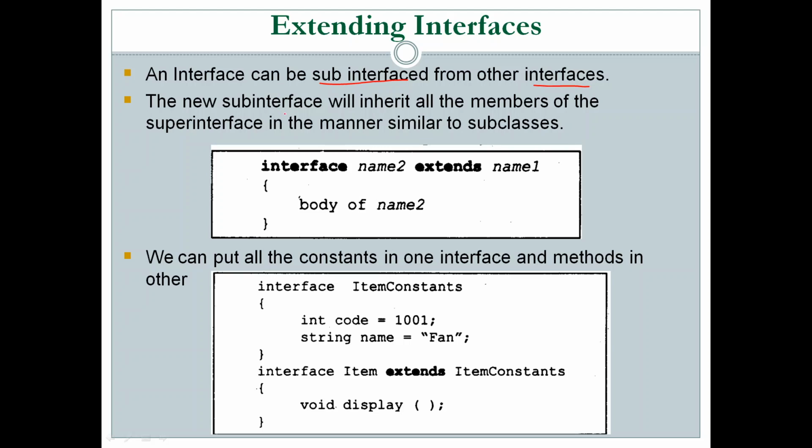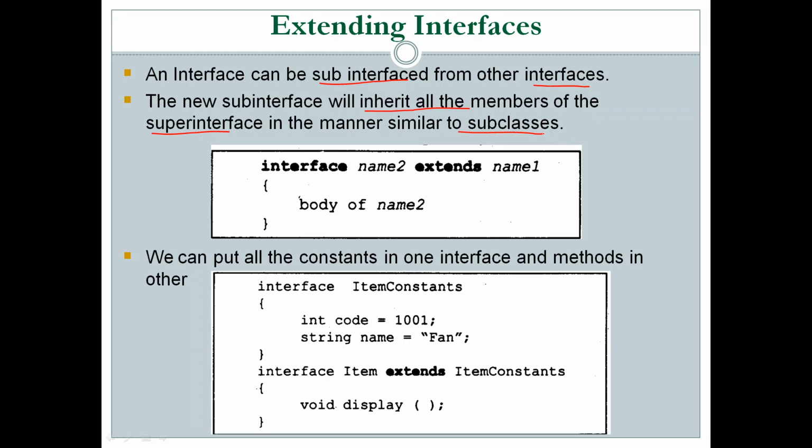The new interface will inherit all the members of the super interface in a manner similar to subclasses. Extending interfaces is similar to extending classes, where one class inherits all the properties of the superclass. Same way, even an interface can inherit properties of a super interface.